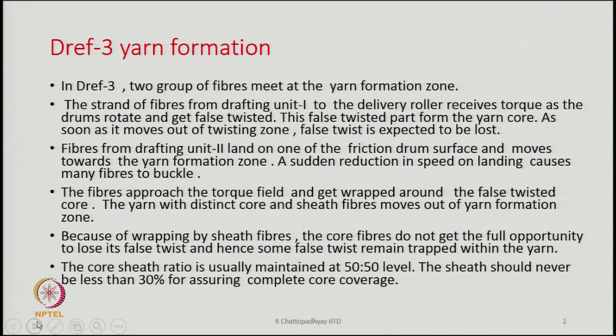It is more close to wrap spinning. Now, here two groups of fibers meet at the yarn formation zone. One group is fed by the drafting unit 1, that is by the pair of drafting rollers, and the other group is coming from the top, opened by the opening rollers, and then landing on the surface of the friction drum.